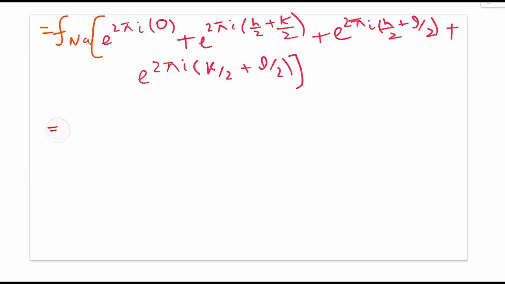So that is equal to F Na into e to the power 0, because this 0 multiplies with the whole quantity and becomes 0, so e to the power 0 is actually equal to 1. You can do it on a calculator.